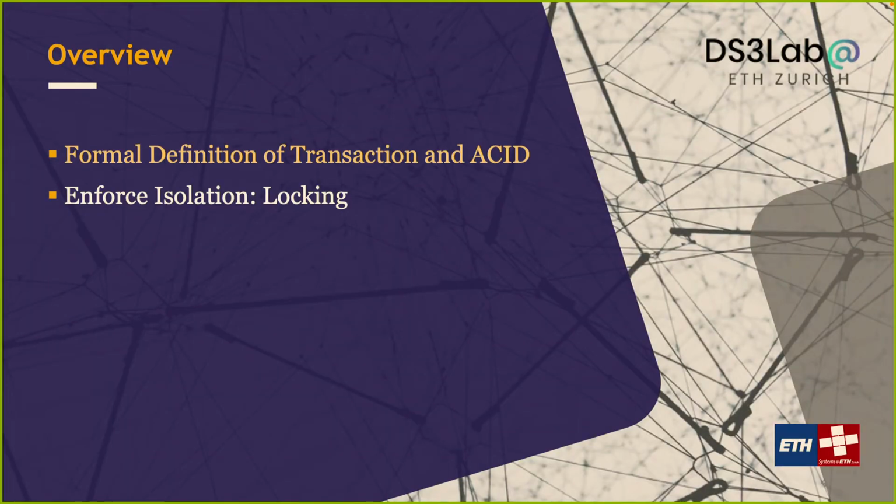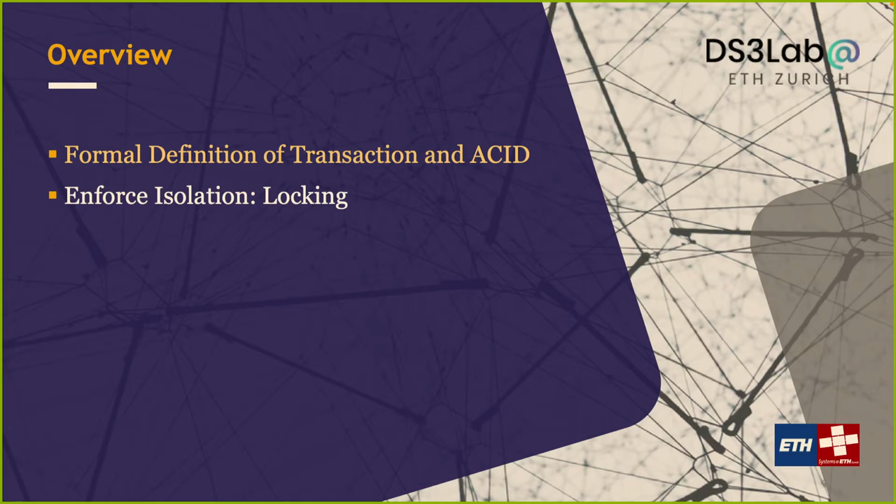So in this lecture, we are going to talk about two things. The first one, we are going to define some of those properties even more formally, because as you will see, some of the definitions we have so far are not that precise. For example, isolation. We talked about a schedule being serializable last time.